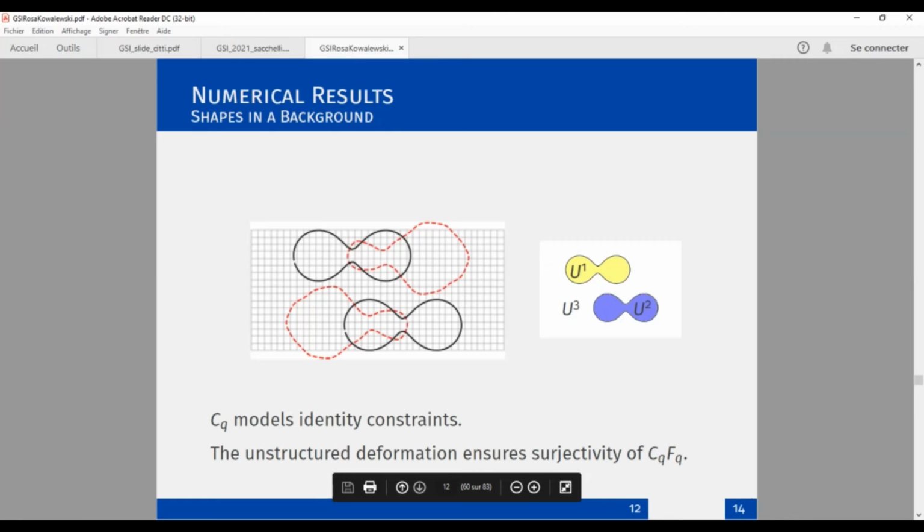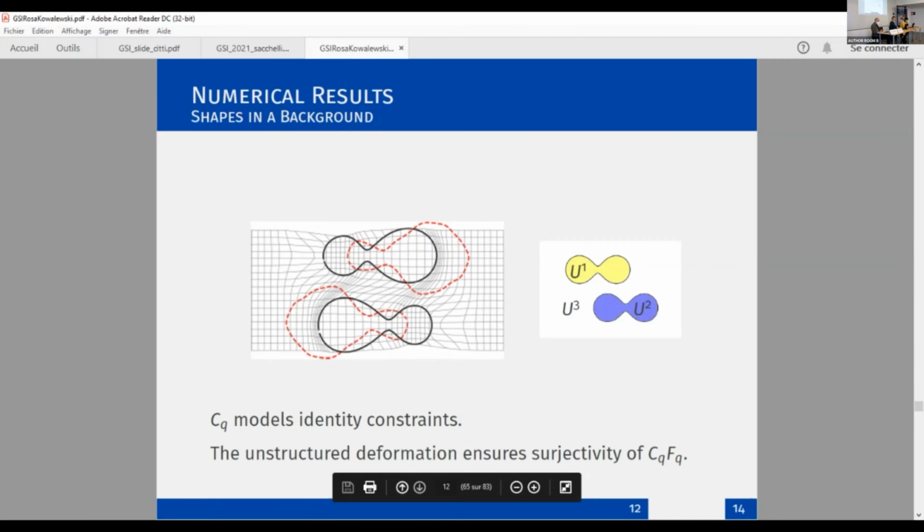And then because of the unstructured deformation for the background, the space of vector fields is rich enough to ensure surjectivity of CQ, FQ. Using this model, this is how the shapes evolve.